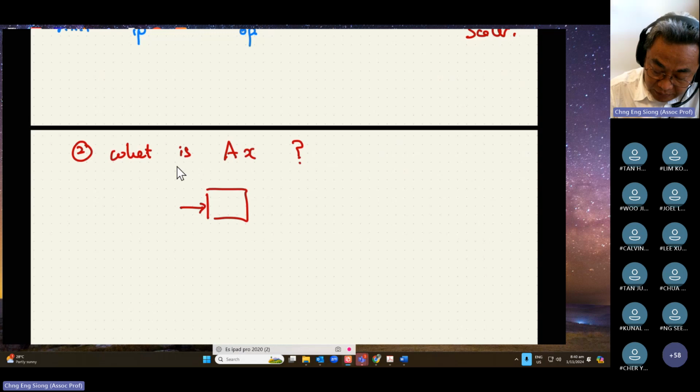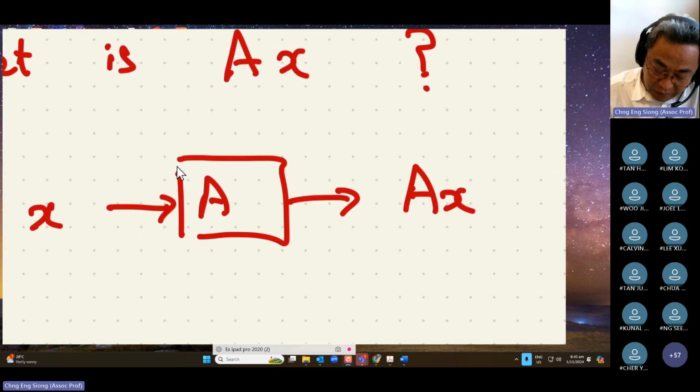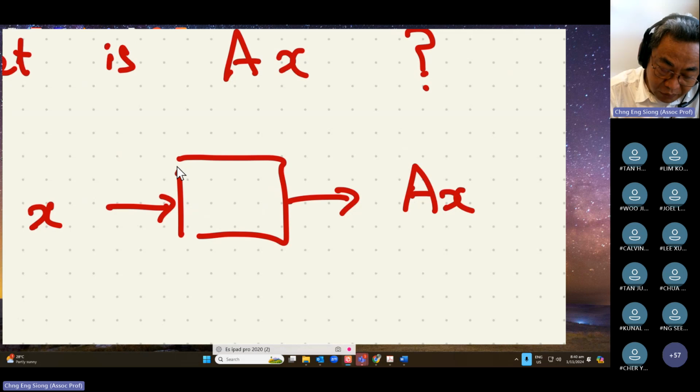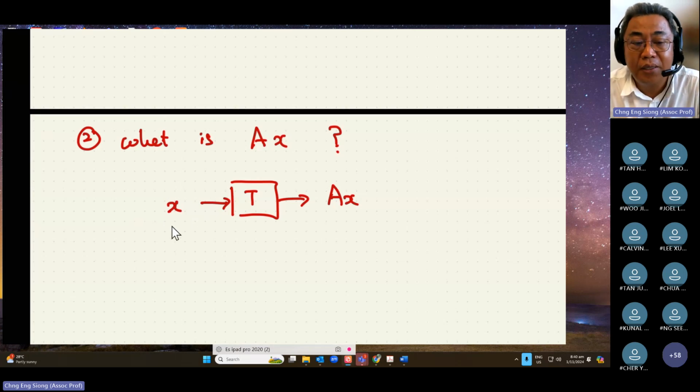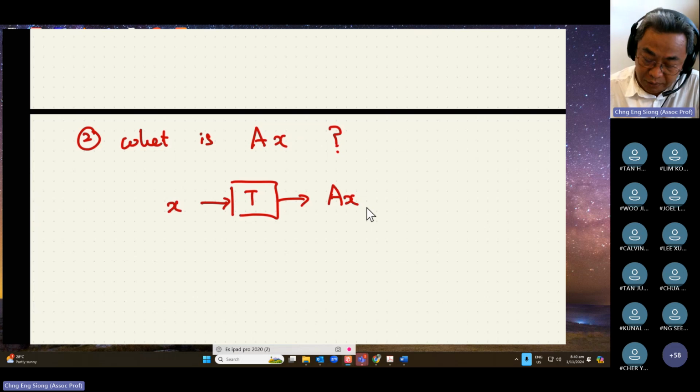This is A, this is x, and this is Ax. So this picture is nicer. Sometimes you don't like to draw this picture and you abstract it even more and you say this is some transformation T. And this transformation T is nothing but A times x. Okay? And of course, this is a linear transformation.